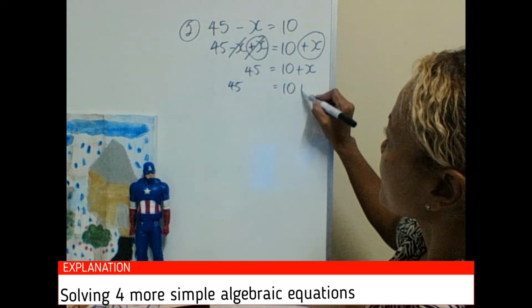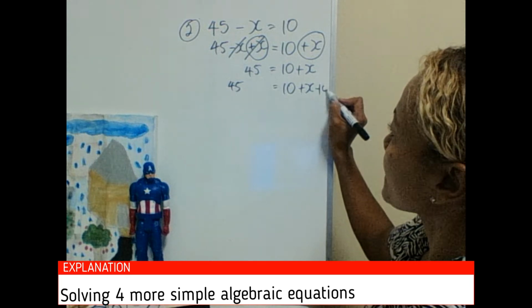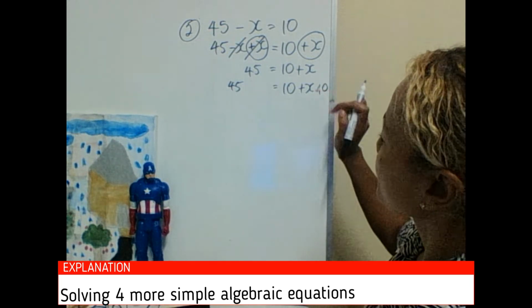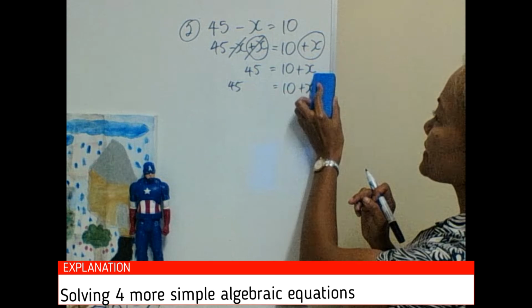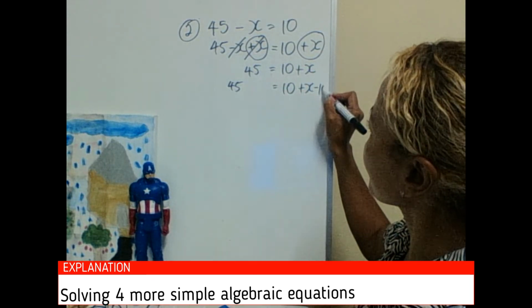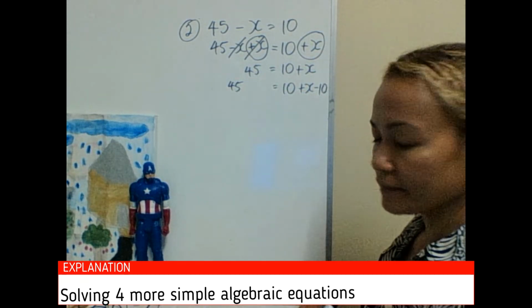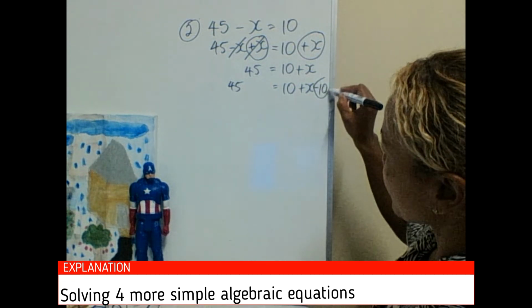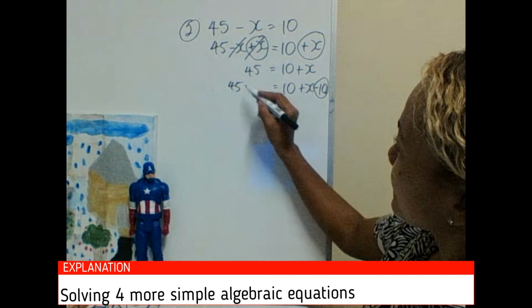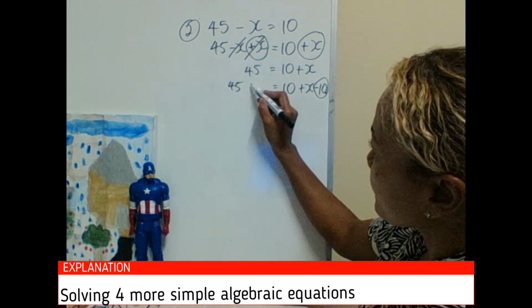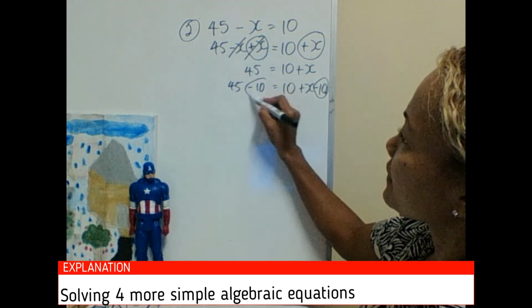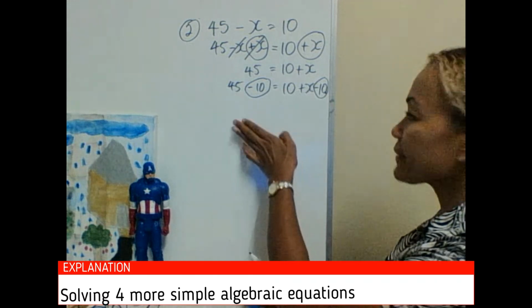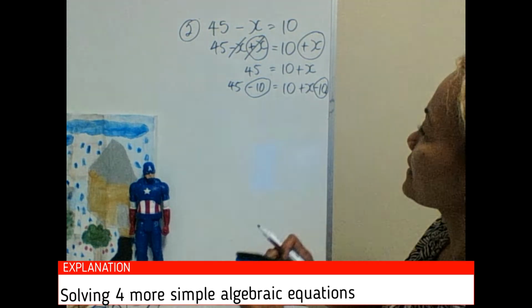There's 10 plus x and minus 10. Sorry, let's get it tight there. Minus 10. So that these two can cancel out. So this is what I'm introducing here, minus 10. So here 45, and I'm doing the minus 10 as well over here. Right? Same thing on both sides, minus 10.